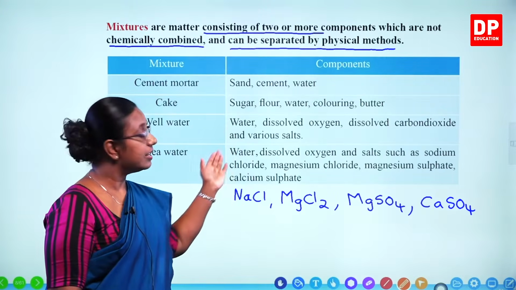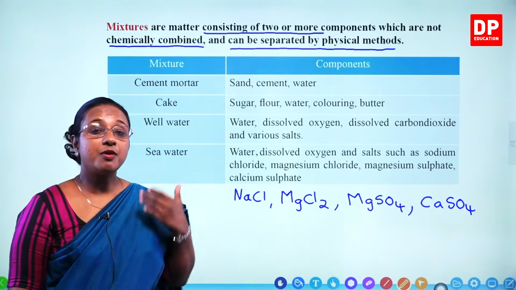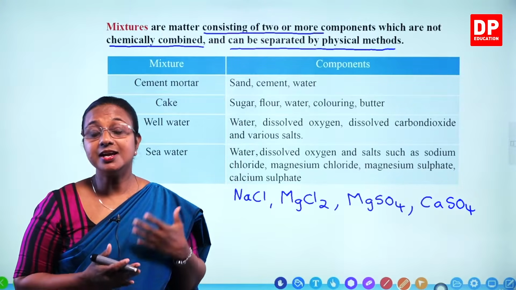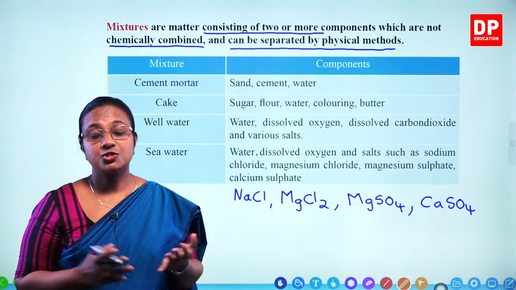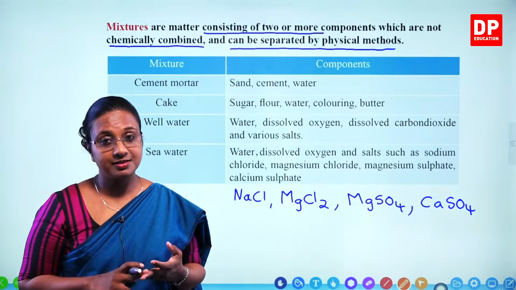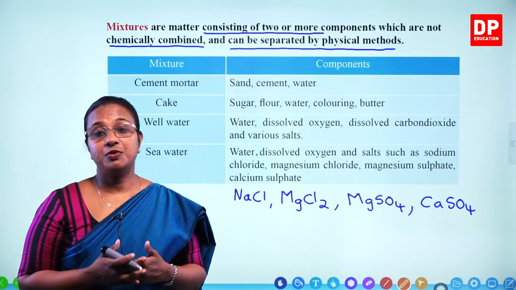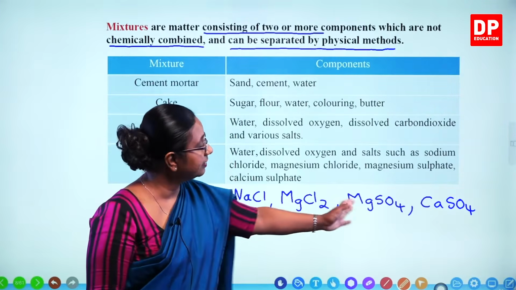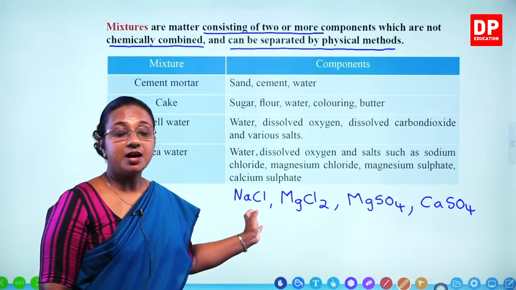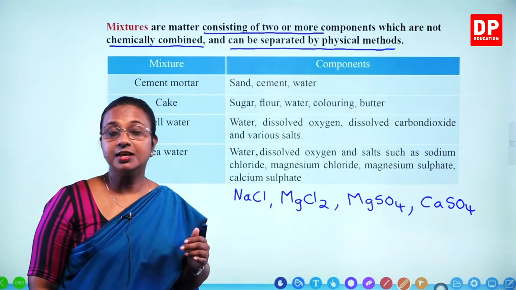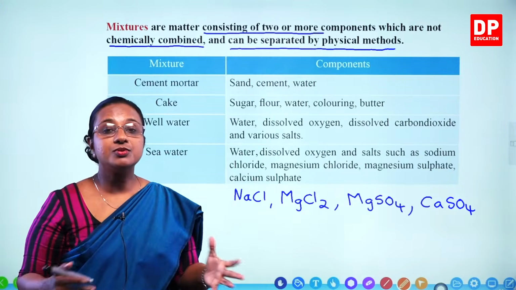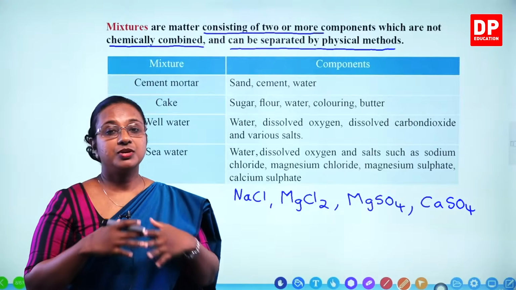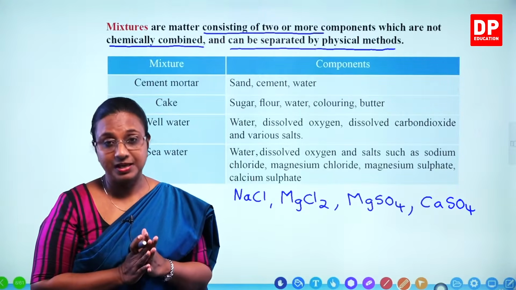So again a mixture made up of components which are in different states: solid, liquid and gas. But as I said before, you cannot differentiate and identify what the salts are or the oxygen is. It all looks the same. So it is a uniform mixture.